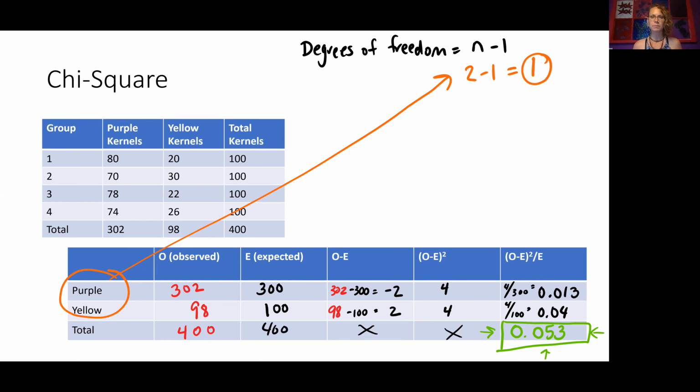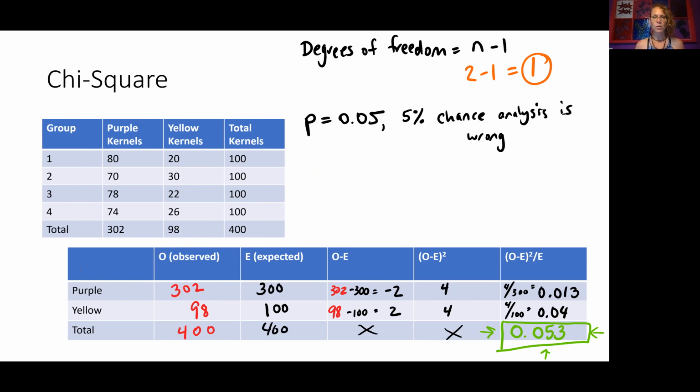It's that easy. Then we're going to use our p-value of 0.05. This is telling us how confident we are in our results. There's a 5% chance that we've made a mistake, that even though things mathematically look right, they're not really right.